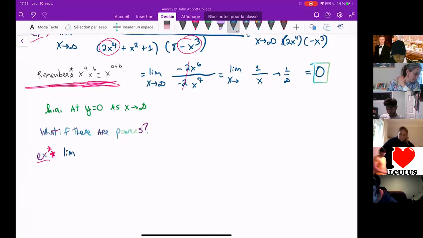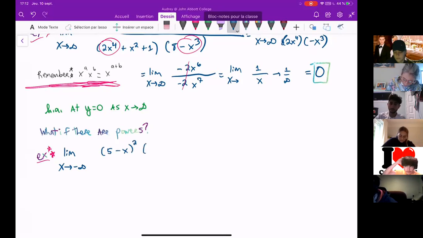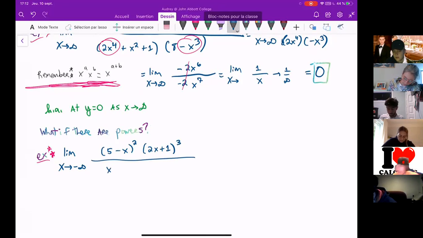So I have the limit as x approaches negative infinity of 5 minus x squared times 2x plus 1 cubed over x squared plus 2x plus 9 squared times 3x minus 1.